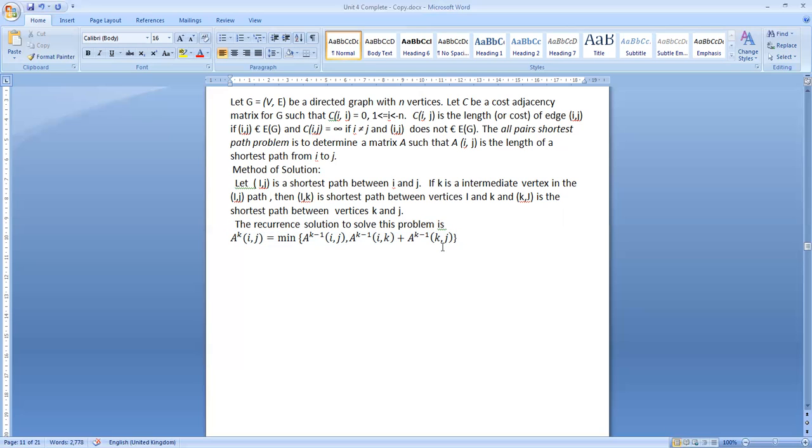The algorithm that solves this problem is given now.